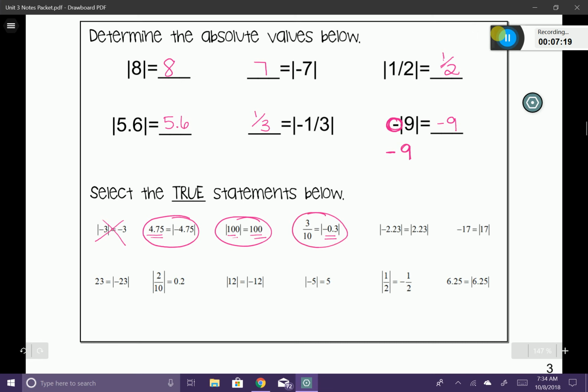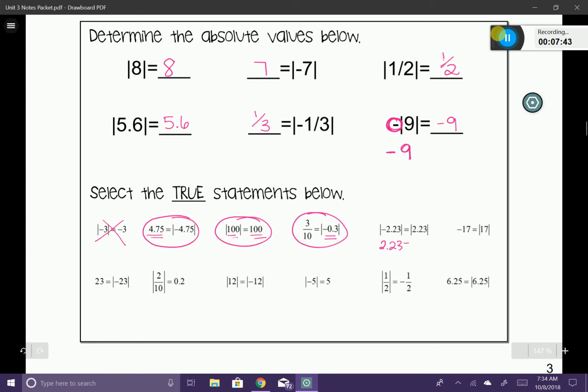The next example, the absolute value of negative 2.23 is equal to the absolute value of 2.23. Now, this one is kind of confusing because we have absolute value bars on both sides. If you think about it, the absolute value of negative 2.23, wouldn't that give us 2.23?